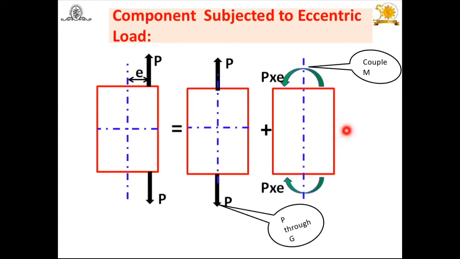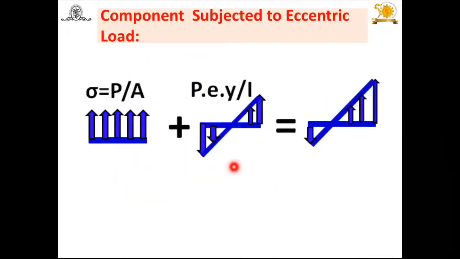Then, equating with the permissible stresses, we can find out the dimensions of the component. Because of the direct stresses you will get sigma t equals P by A, and because of the couple you will get M_b y by I. M_b means bending moment, here it is P into e, and I means moment of inertia.